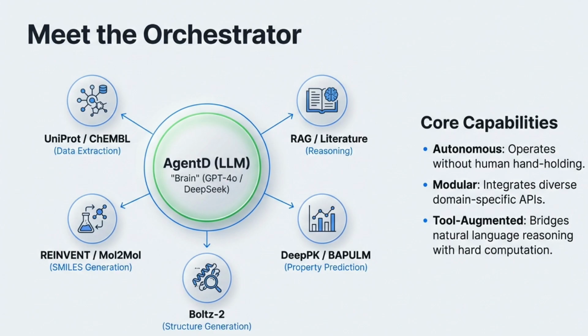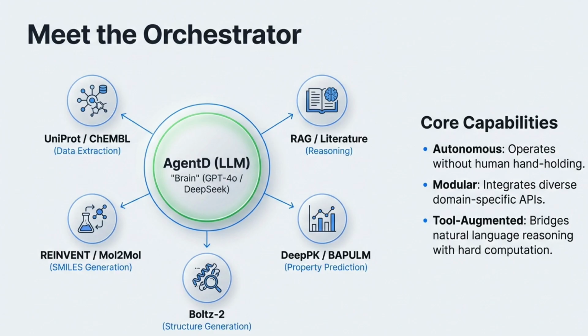Additionally, the agent autonomously constructs keyword-based search queries to retrieve relevant open-access scientific literature from Semantic Scholar, providing broader scientific context for downstream decision-making. To address domain-specific scientific questions, AgentD employs a retrieval-augmented generation strategy.